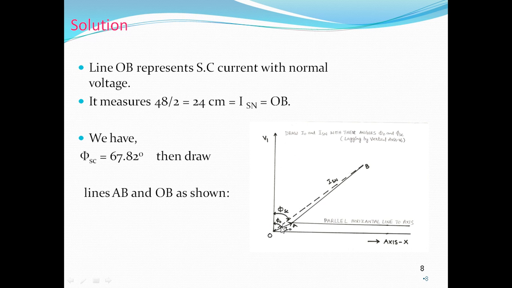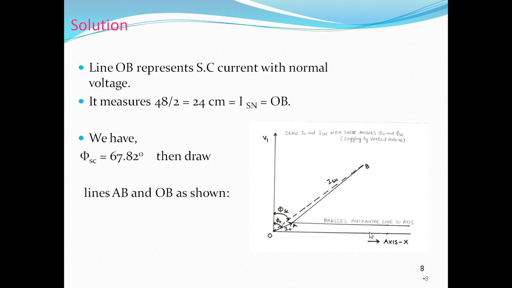So these things we have to calculate from no-load test and blocked rotor test. From no-load test, we have to take no-load current and no-load power factor. And in short circuit test, we have to take short circuit current and short circuit power factor. By taking that, we have to draw vector OA and OB.